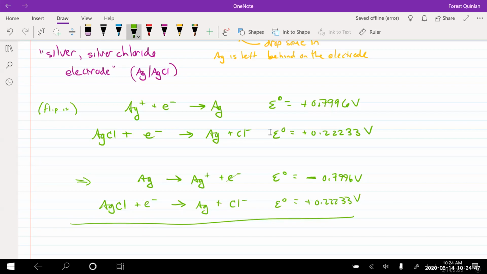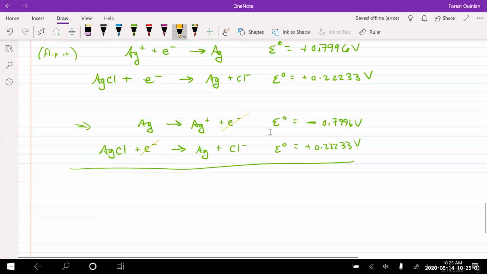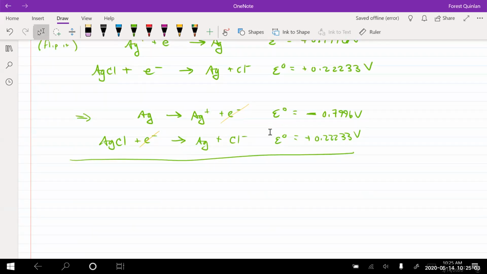So negative 0.5773 or so. Negative 0.57727, that is correct. Just once again pointing out that one electron transfers in the oxidation, the other in the reduction, and overall only one electron has been transferred.